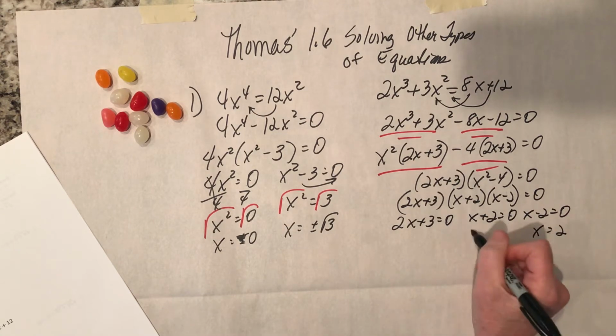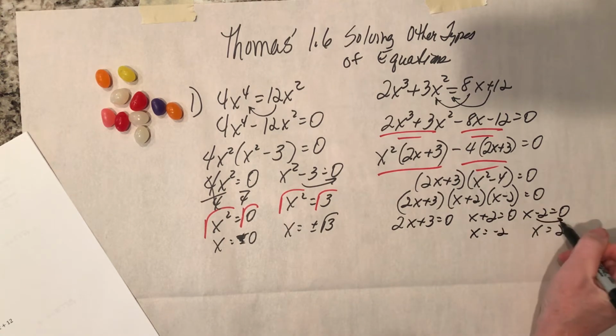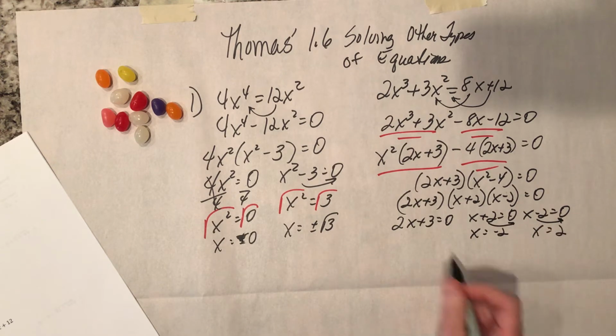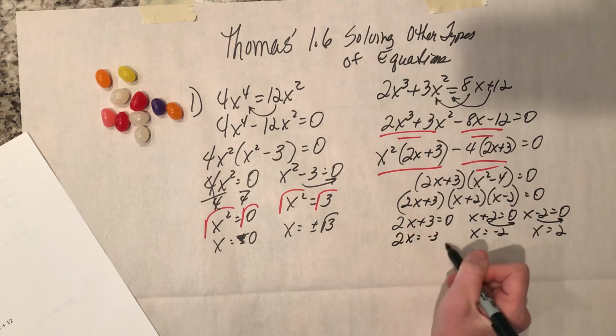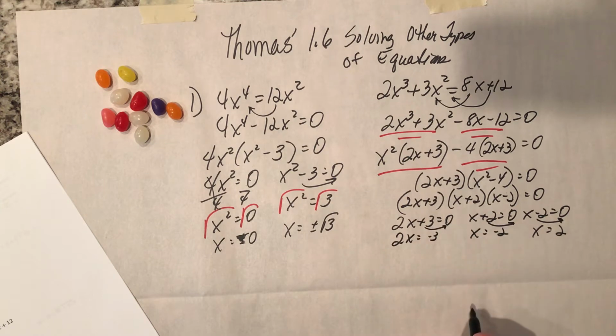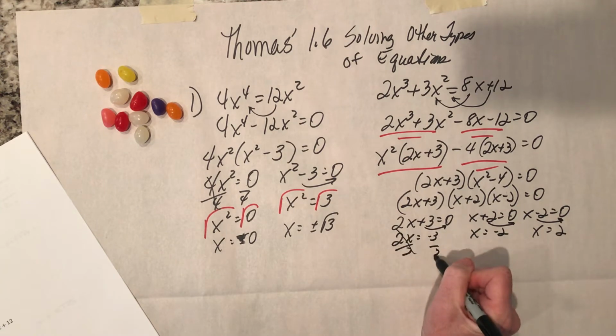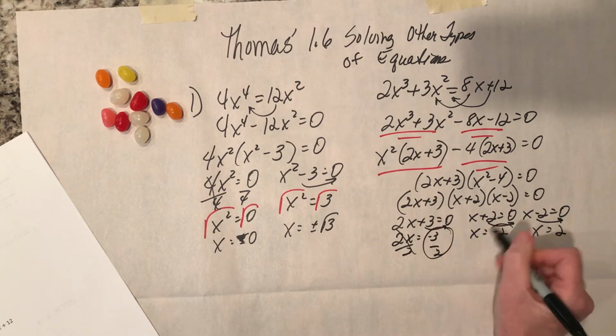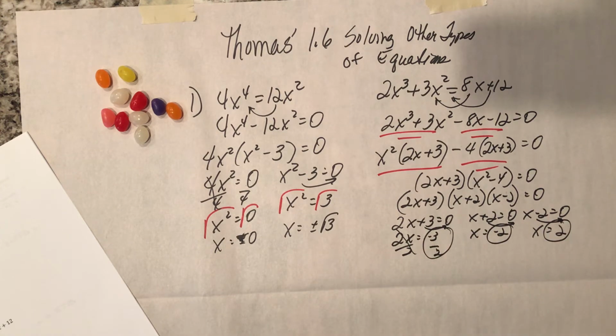Get a negative 2 there when you send it to the other side. Here we get 2x equals negative 3 when we send that 3 to the other side, and divide both sides by 2. So there are the 3 answers. We were expecting 3 answers there.